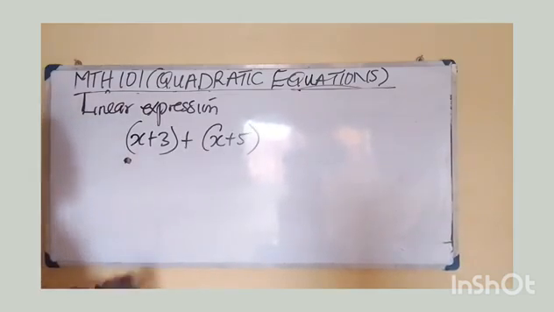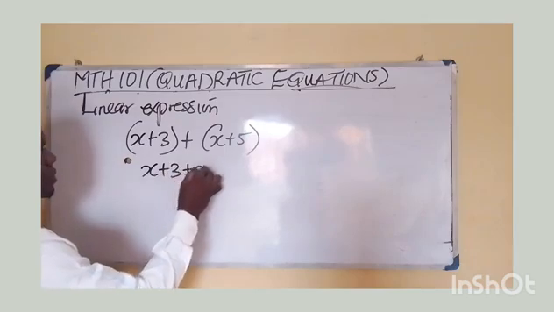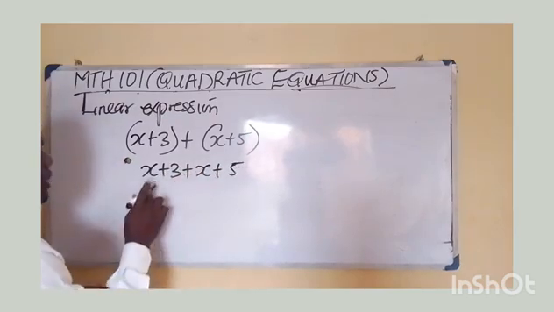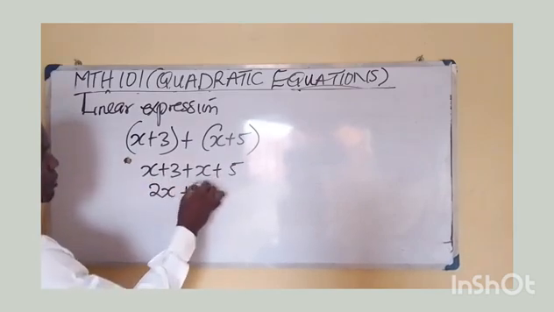If I open this up, I'll have x plus 3 plus x plus 5. So x plus x, I have 2x, then 3 plus 5 is plus 8.